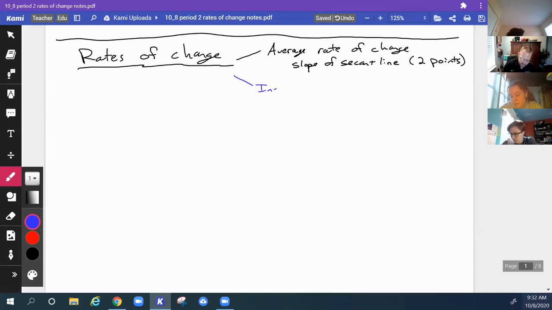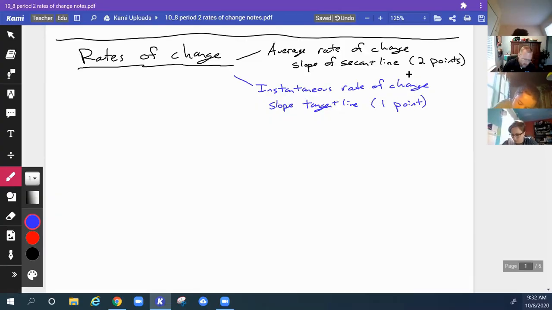Let's spell out instantaneous. Instantaneous rate of change. Remember, this is the slope of the tangent line. And we are talking about 1 point. All right, so that is what we have going on there, just talking about 1 point.